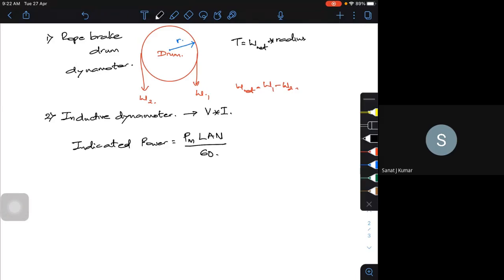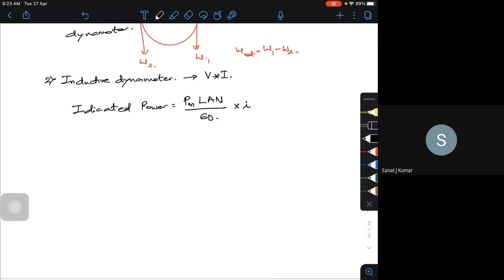At the same time, if I have more than one cylinder, I can multiply by I, where I is the number of cylinders. Here PM is the mean effective pressure.